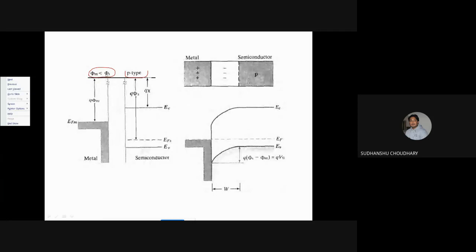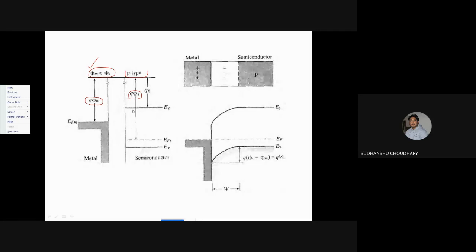Again we draw energy band diagrams for metal and semiconductor, with the work function of the metal being smaller than the work function of the semiconductor. The work function of the semiconductor is here, and this is larger than the work function of the metal. Now when a contact is formed, Fermi level alignment will happen.